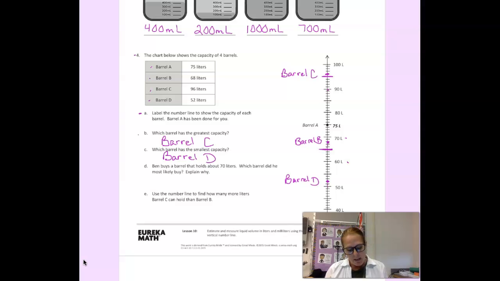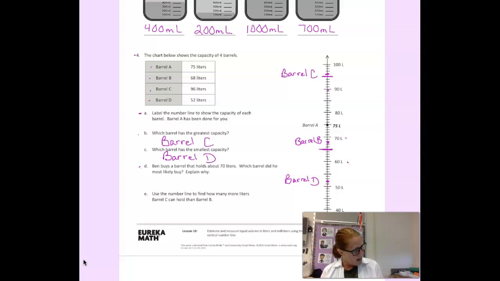Letter D. Ben buys a barrel that holds about 70 liters. Which barrel did he most likely buy? Explain why. You could have a couple of answers here.